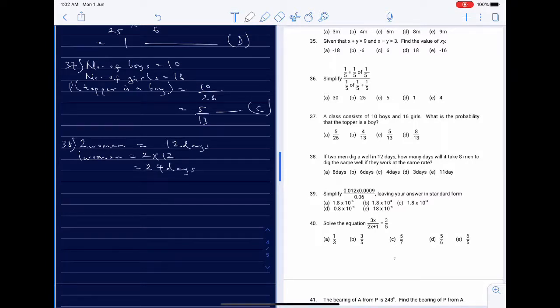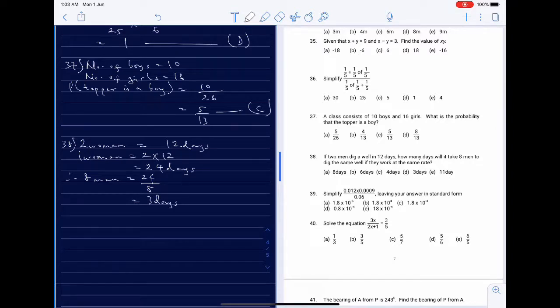Mind you that this is an inverse proportion. The higher the number of people, the shorter the time the job will take, which means the fewer the number of days it will take. So how many days will it take 8 men working at the same rate to do the same job? 8 men will now take 24 divided by 8, which is 3 days.